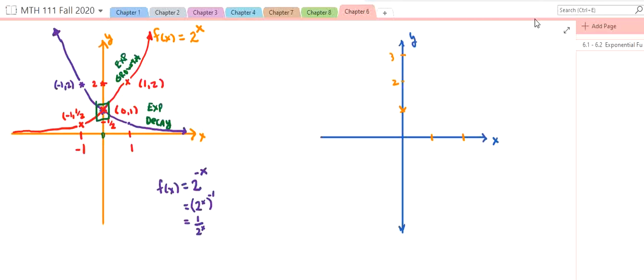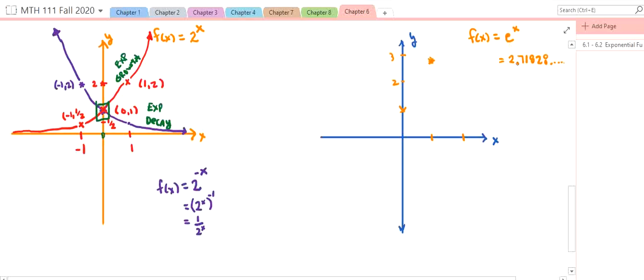So let's plot a special exponential function that looks something like this. Here, f of x equals something we call e to the x, where e represents the number 2.718 28 ... goes on forever.